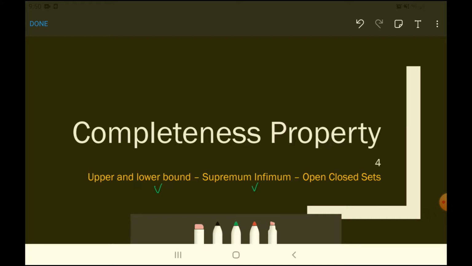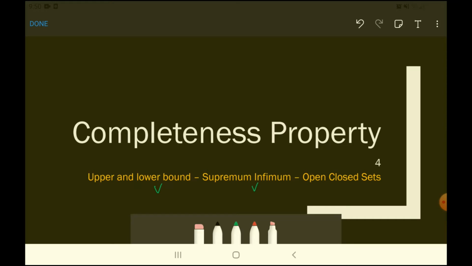If we put real numbers on a number line, then you can see that it's going to be very complete. There's no gap between real numbers. You cannot really have a blank space between each number.